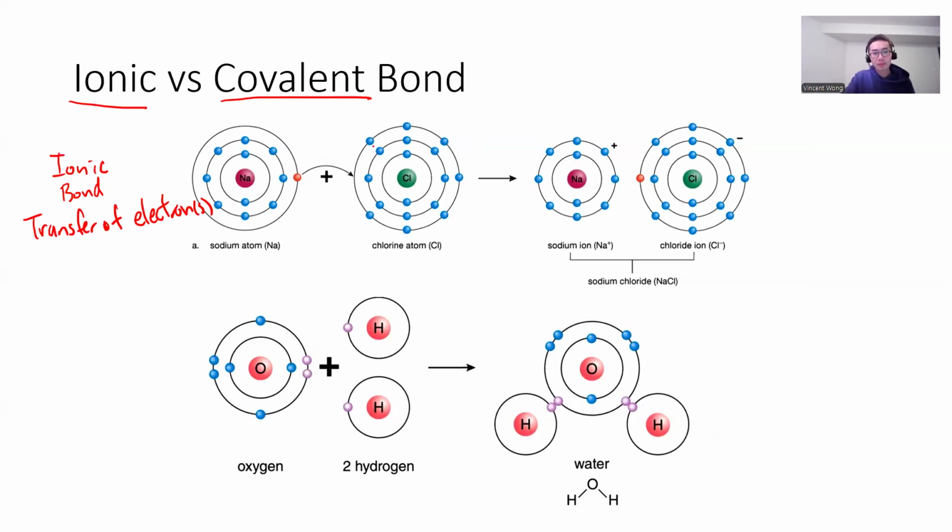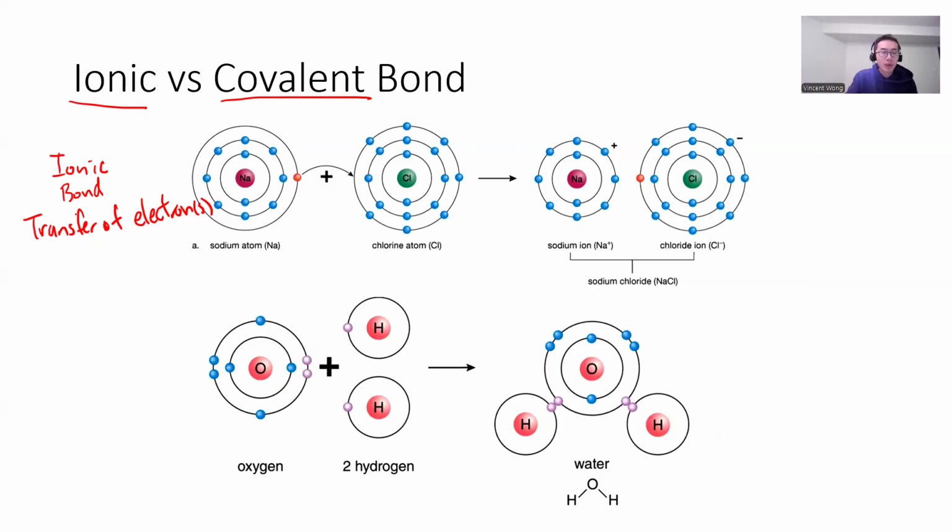Whereas chlorine, being a non-metal, tends to pick up electrons. So they are a perfect match. Sodium wants to give it away, chlorine wants to pick it up. When they come together, they're like, let's form a partnership, let's form a bond, and we get sodium chloride. So that's pretty much how a lot of these compounds are formed. It involves the transfer of electron from one atom to another.